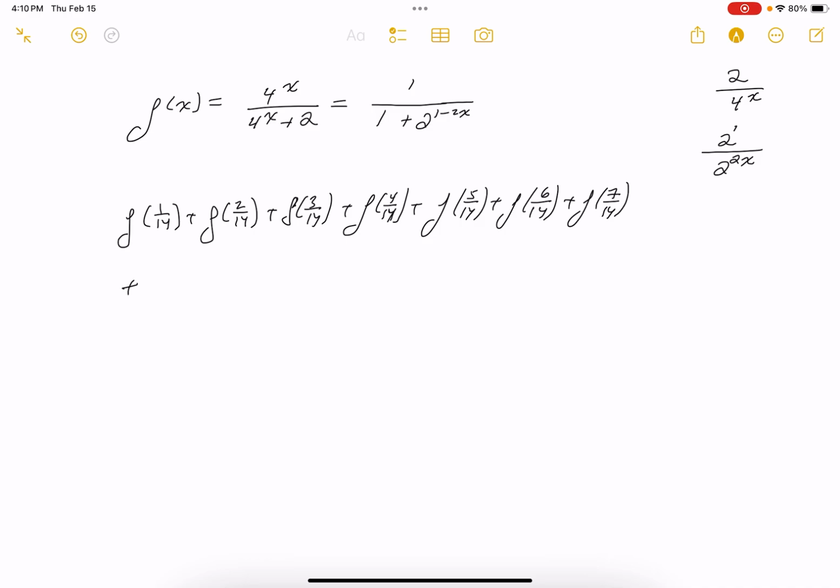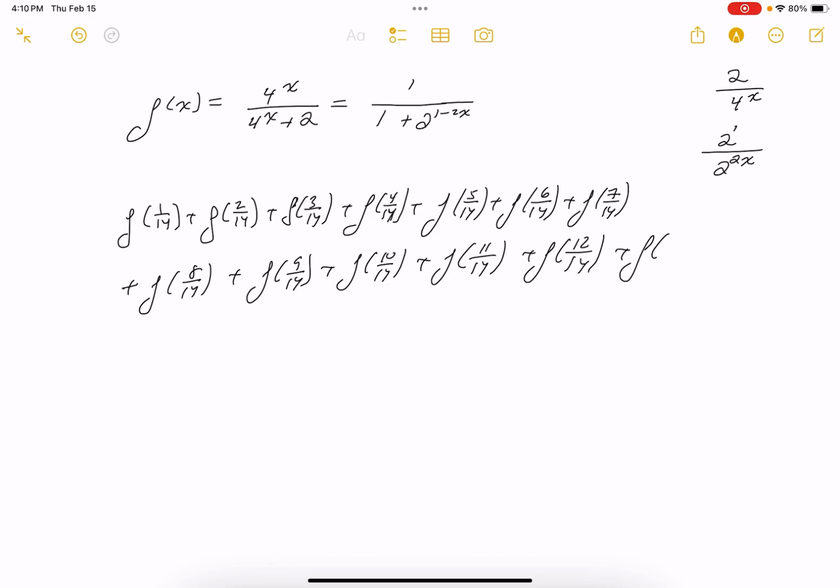Let me go to the next line, and I'll check to make sure I'm not miscounting. All right, let me count them up: 1, 2, 3, 4, 5, 6, 7, 8, 9, 10, 11, 12, 13. There's actually 13 terms.